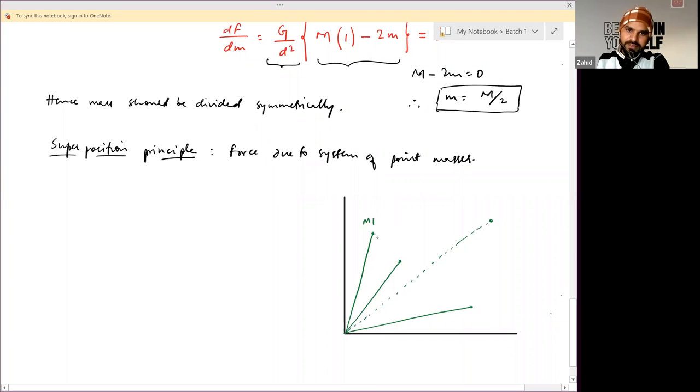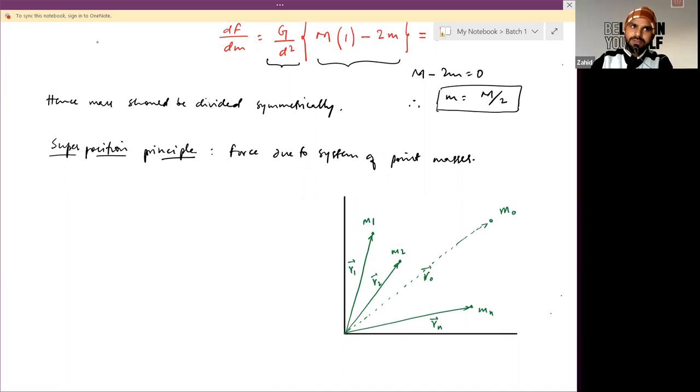Let's say this is M1 at position R1, M2 at position R2, and so on to Mn at position Rn. All are applying force on this mass m0, which is at r0 position from origin.